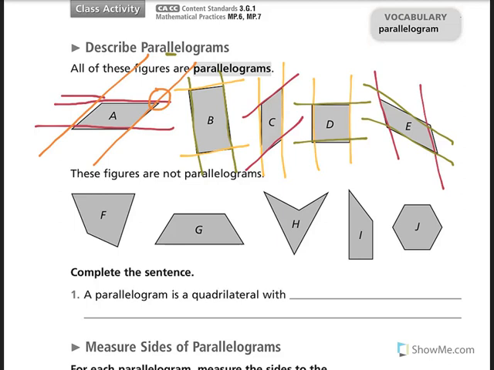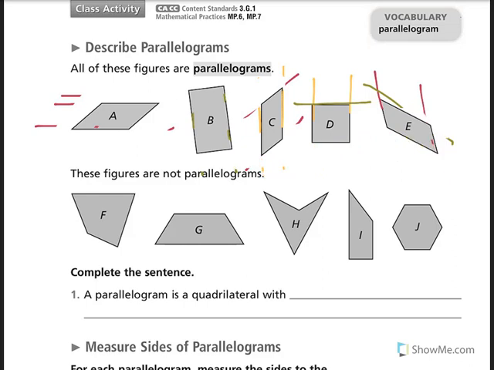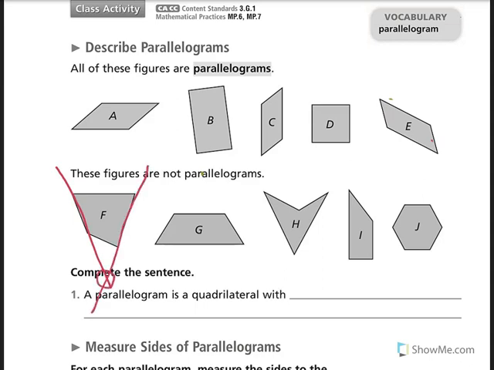Now, if you're looking over here, let me clean this up a little bit. It's not so messy. If you're looking over here, on these ones, just to show the difference, they're going to touch right there.